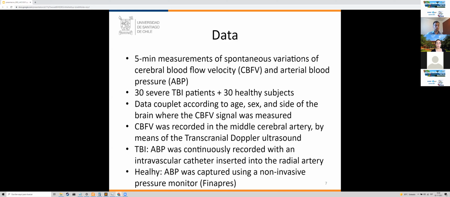In both groups, the cerebral blood flow velocity was recorded in the middle cerebral artery by means of transcranial Doppler ultrasound. In TBI patients, arterial blood pressure was continuously recorded with an intravascular catheter inserted into the radial artery. In the case of the healthy subjects, pressure was captured using a non-invasive pressure monitor called Finapres.